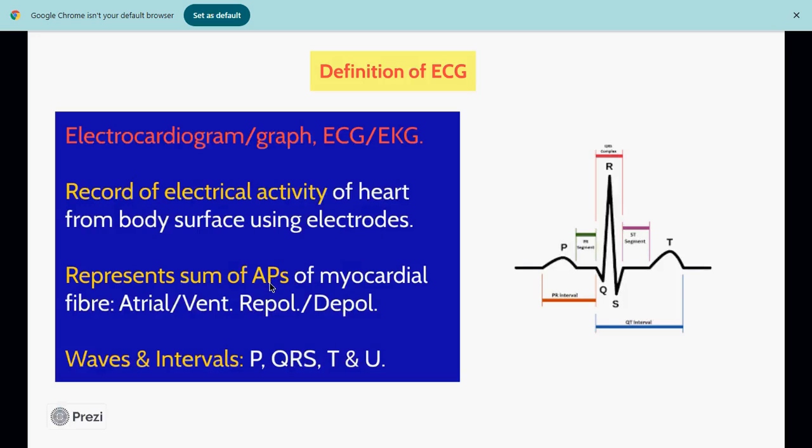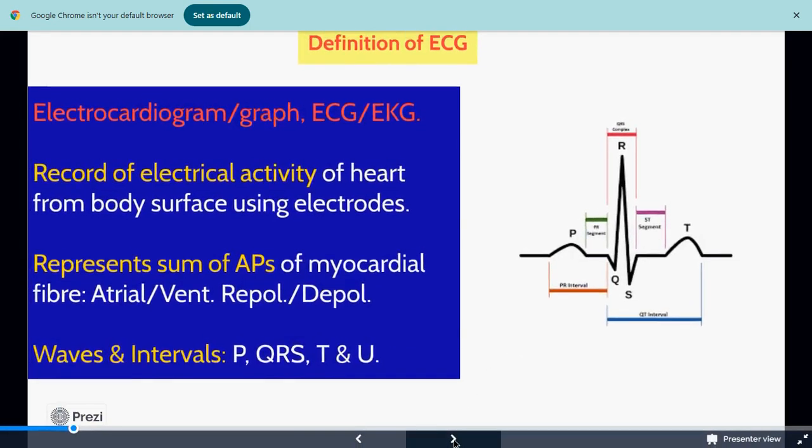The electrical activity of the heart represents the sum of the action potentials of the myocardial fibers of the heart muscle, being atria and ventricles, and there are different phases of action potential, as you know, including repolarization and depolarization. There are different waves and intervals we are going to discuss today, including the P wave, the QRS complex, the T wave, and the U wave, which doesn't show in the normal ECG.